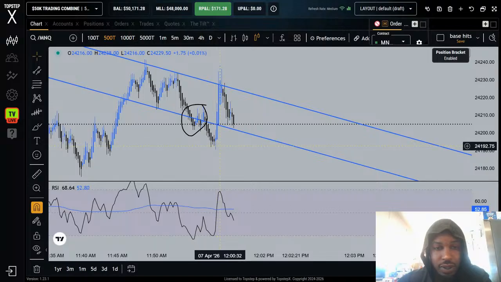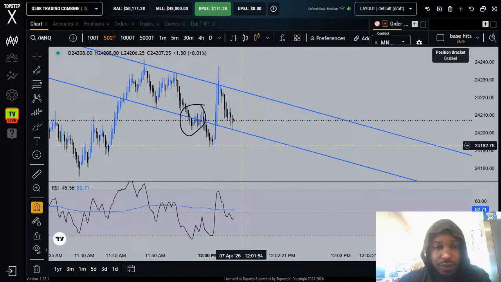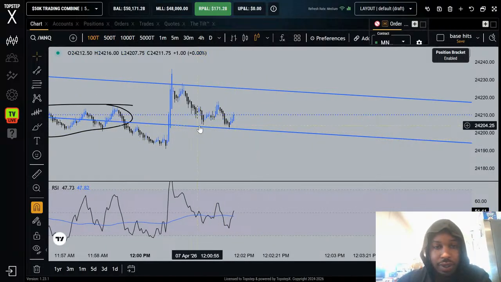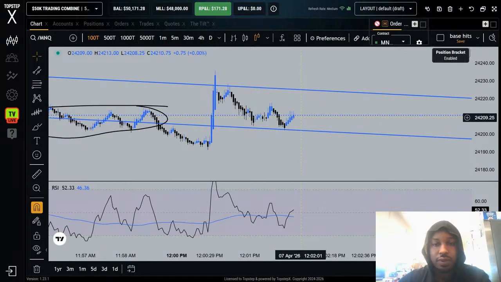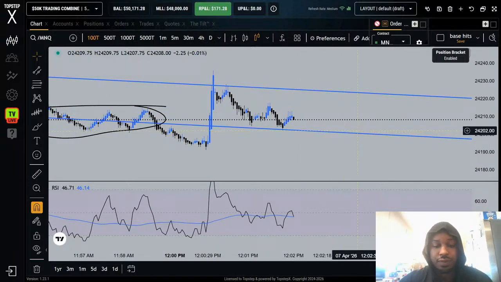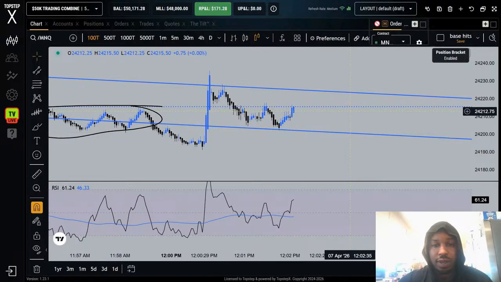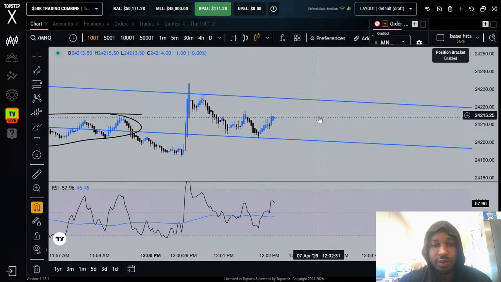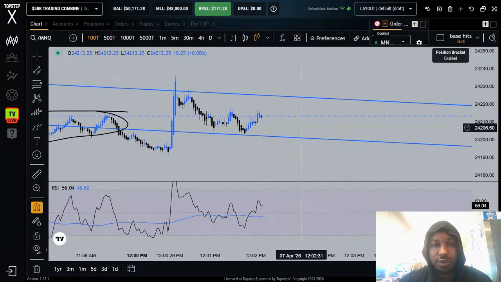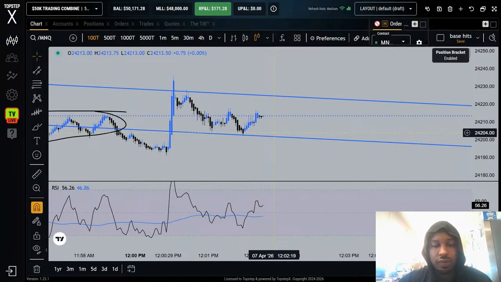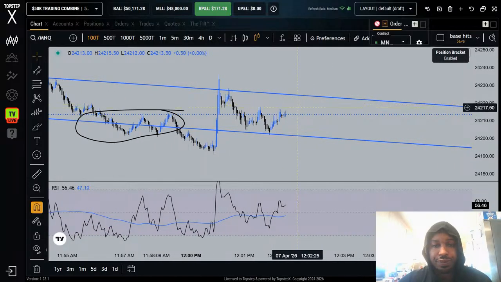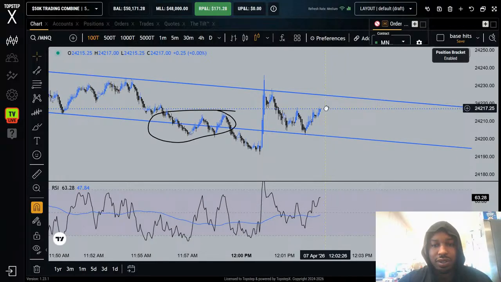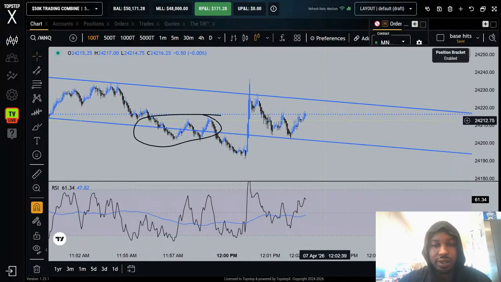This is a good support right here. I like the support right there. I think I might go ahead and get in, go long on this one. Not really sure. I think I should go long, just being cautious right now.